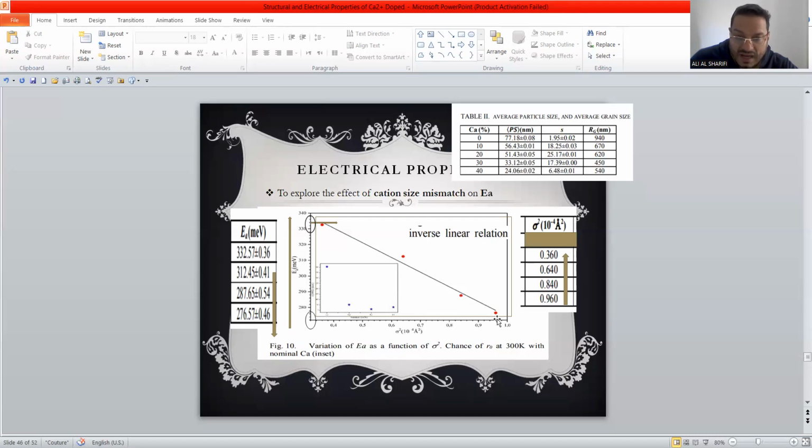And the last one, the smallest activation energy, is 276. That means all of these four results decreased slightly, step by step, from 332.57 to 276.57, like that, without any hysteresis behavior.